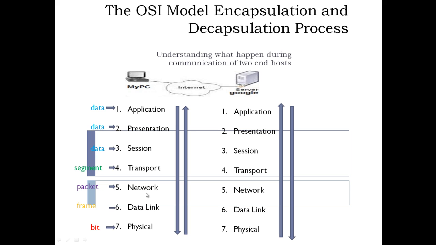I'm gonna go right now and show you how the encapsulation process works between those three layers. These are the most important layers for us as networking people: the transport layer, the network layer, and the data link layer. For really understanding networking, you have to focus on these three layers.